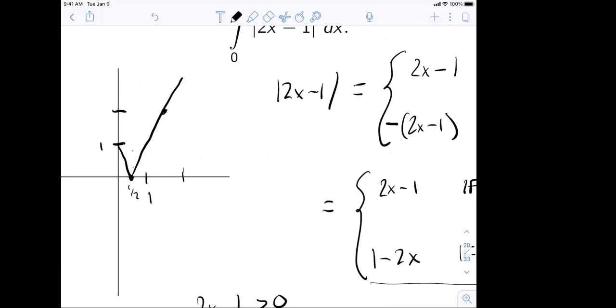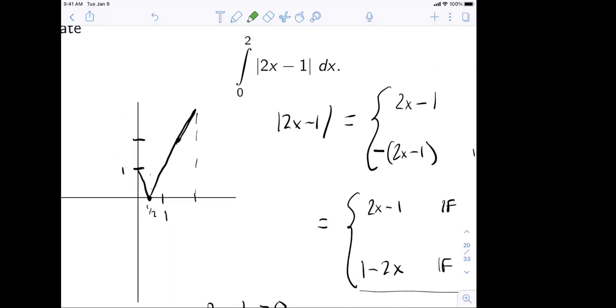And I'm looking at this now. So really this question, find the area under the curve y equals the absolute value of 2x minus 1, really just turns into find the area of these two rectangles.